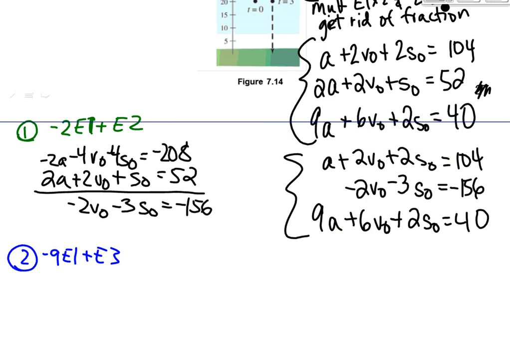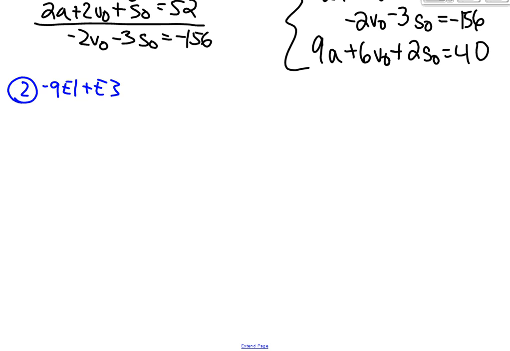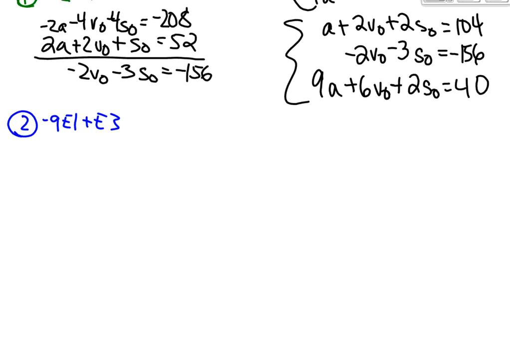I'm going to put this down a little further so I can see where I'm working. For this one, -9 times E1 is going to be -9A minus 18V0 minus 18S0 equals -936.